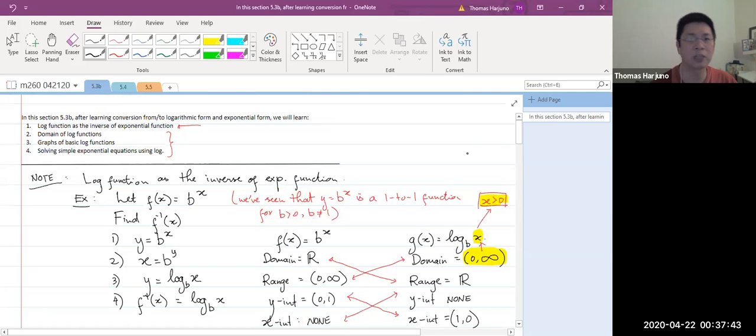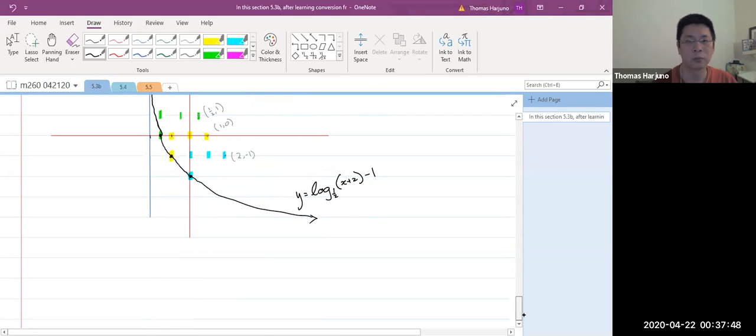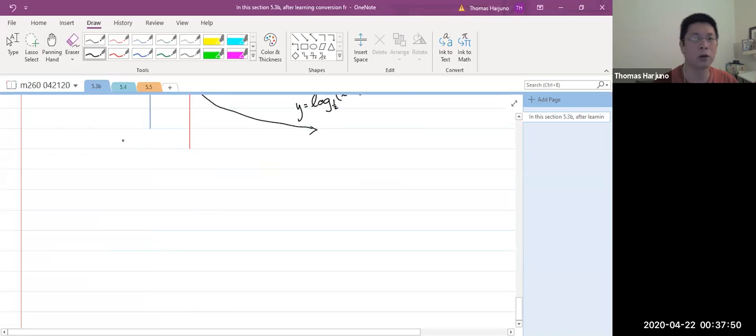Solving simple exponential equations using log. We know how to solve exponential equations already, but let's do more. Instead of waiting until this 5.5 where we solve exponential and logarithmic equations, let's do the easy one right now.